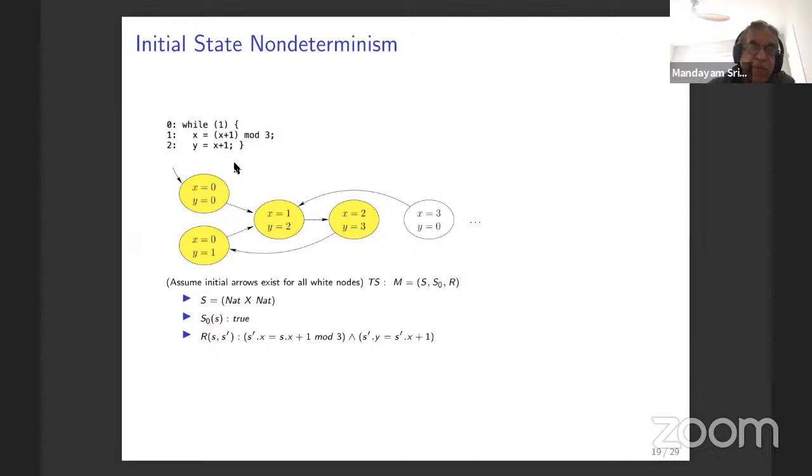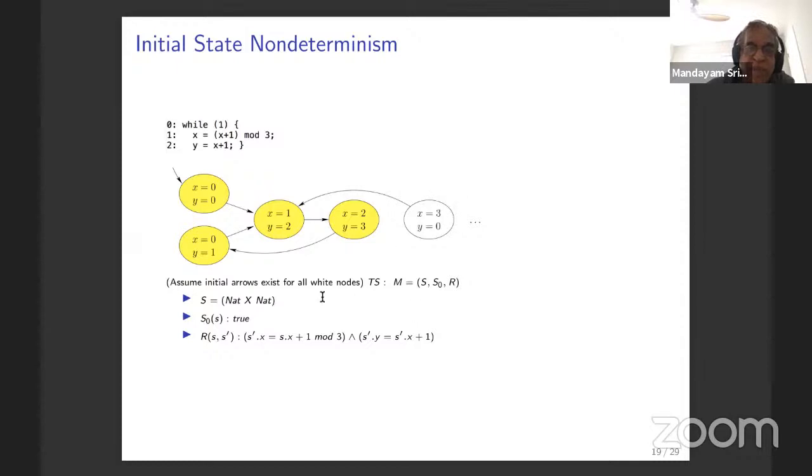So I've removed the code that initializes this. Okay, so I should have removed this initial arrow here. If I throw away that, the program can start in an arbitrary initial state. So every state can be an initial state. You can even start with this state.